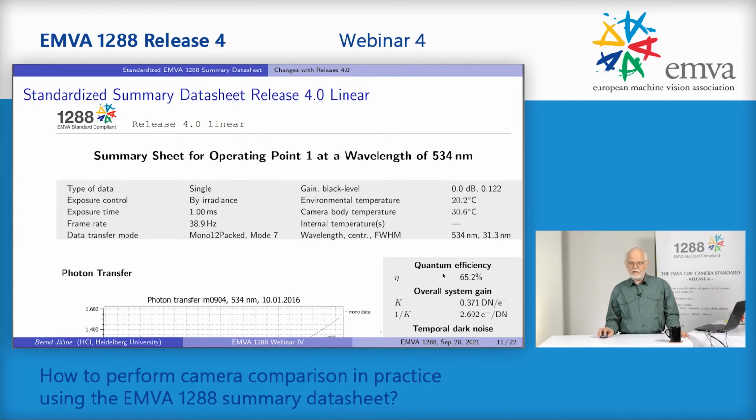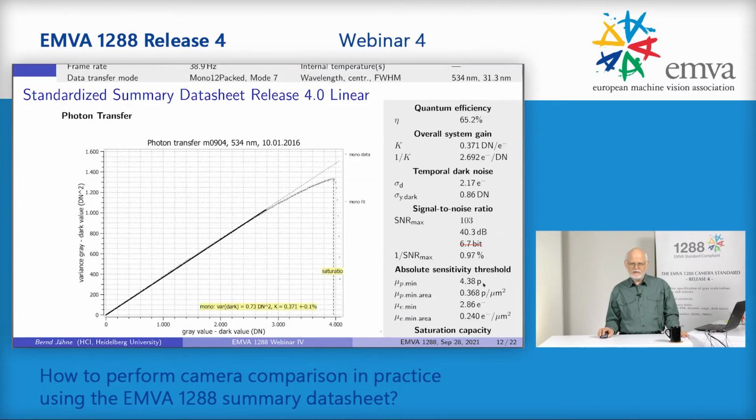Nothing changes with quantum efficiency and overall system gain, we still have the same model. Nothing changes with temporal noise or the photon transfer curve. But here now the first changes occur, and I modified the 3.1 model so that you can see what is going to change. We no longer use bits, because that turned out to be used only by very few people.